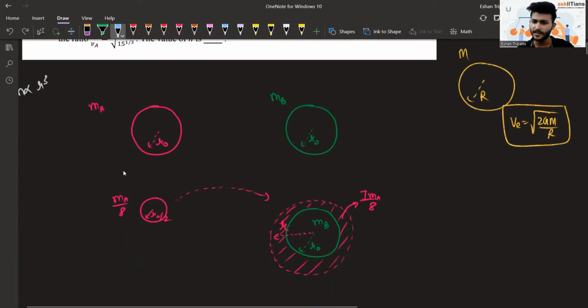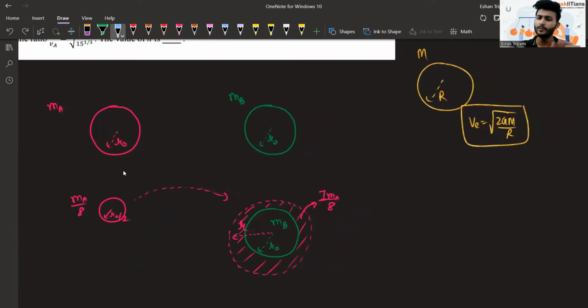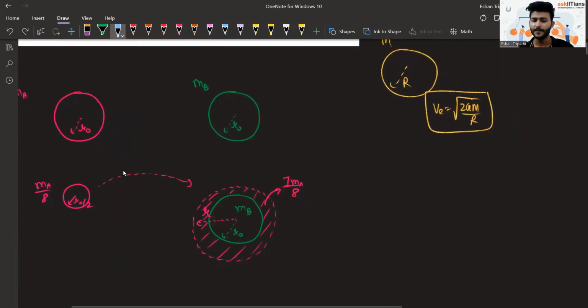So if mass has increased by a certain value, volume has also increased by the same amount. Sorry, I should talk about the volume deposited. The volume that got deposited on it must be the volume of the outermost part minus the volume of the inner part.